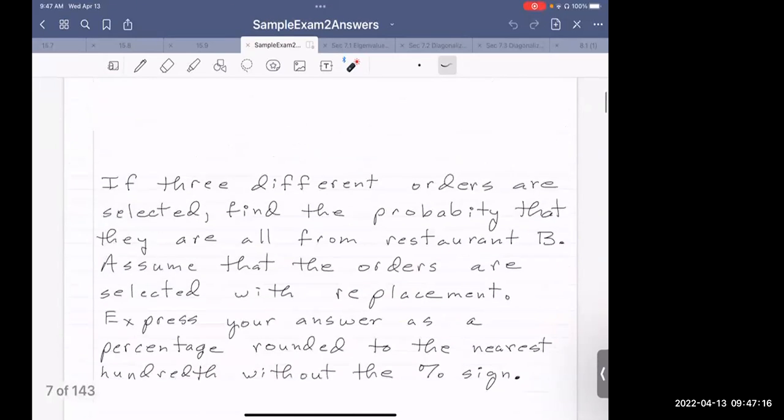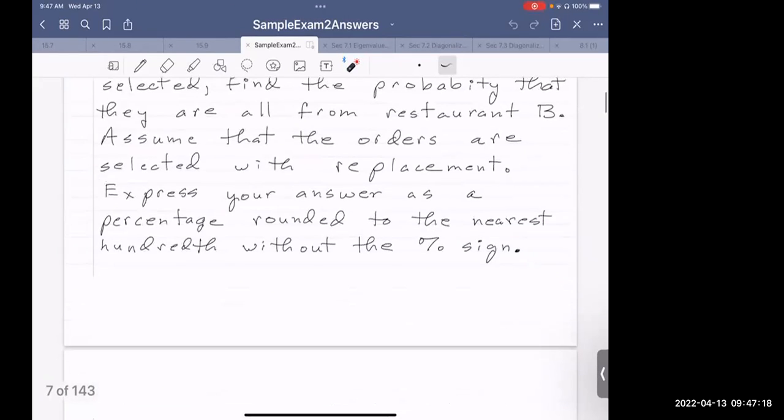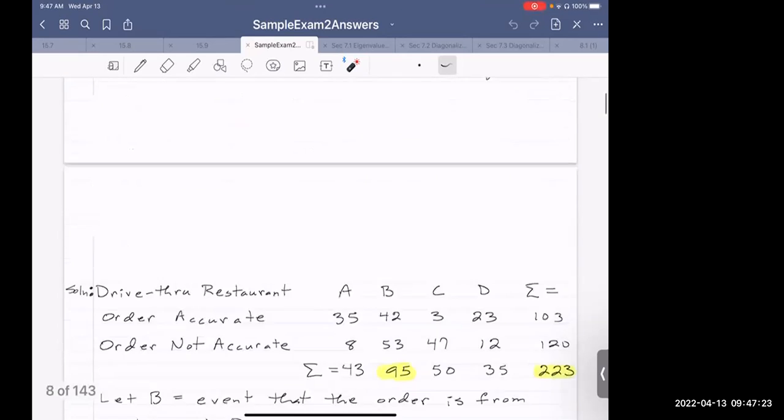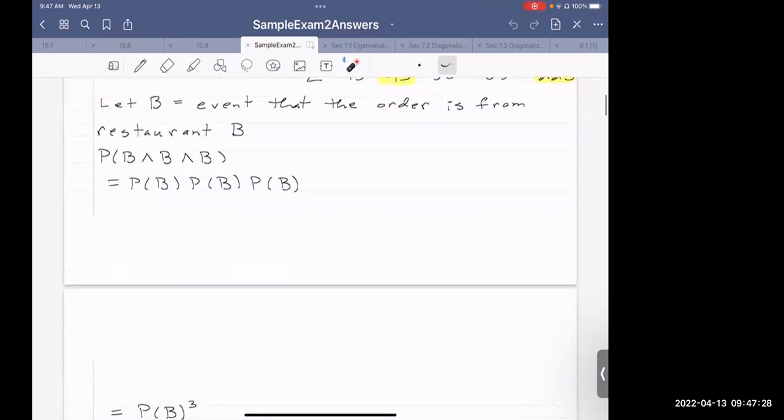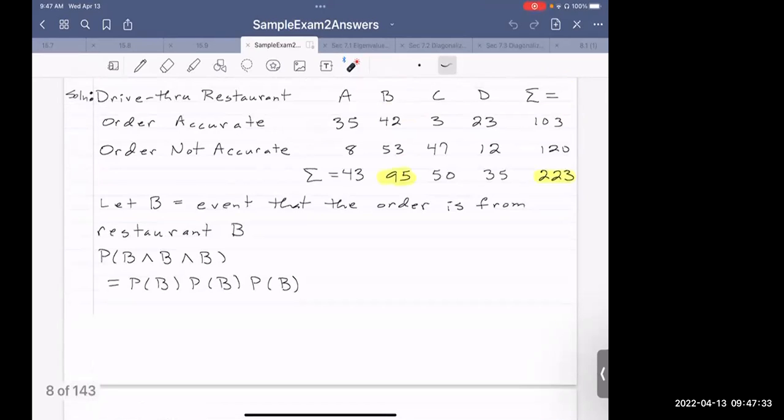Now, since we assume that these are selected with replacement, each of the events are independent. So you select one, from restaurant B or any of the other restaurants, then you put it back into the pile again. And so for the probability that the second one that you choose is from restaurant B, it will still be 95 out of 223.